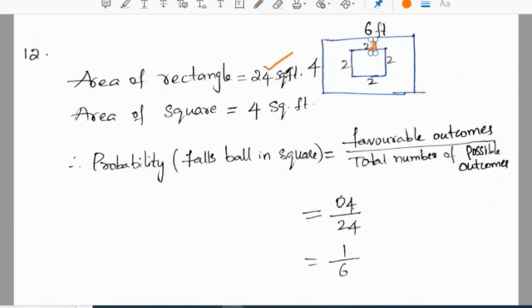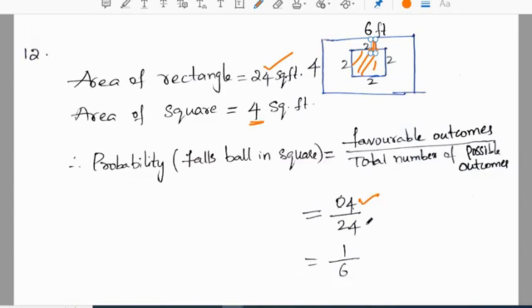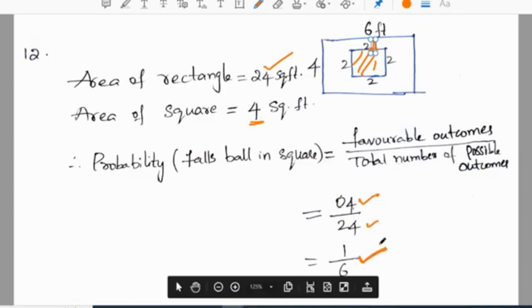So area of rectangle is 24 square feet, area of square is 4 square feet. 6 fours are 24, 2 twos are 4. So probability of the ball falling in the square box is favorable outcomes by total number of possible outcomes. Favorable is the square, which is 4 square feet, and total area of this wall is 24 square feet. 4 by 24 is 1 by 6.